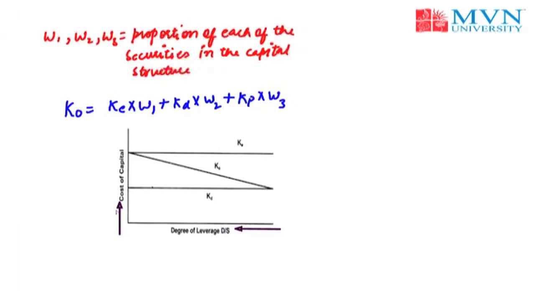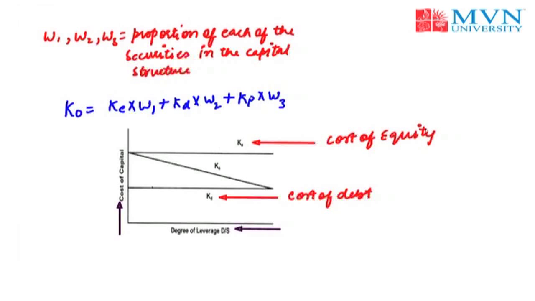So this model basically shows the relationship of degree of leverage and the cost of capital. In this model you can see that we have denoted three different signs for the cost of capital, wherein KD stands for cost of debt, KE stands for cost of equity, and as we have discussed, KO stands for weighted average cost of capital.